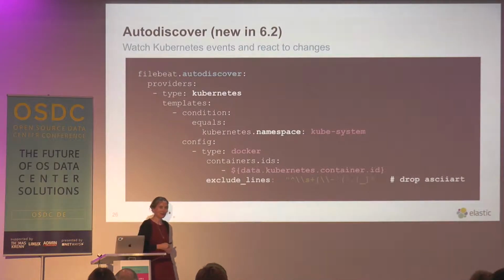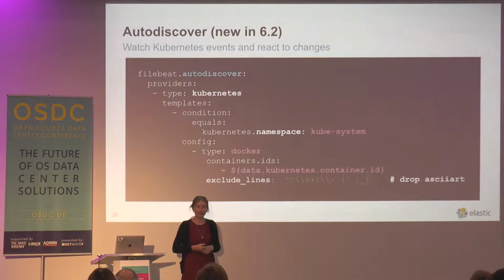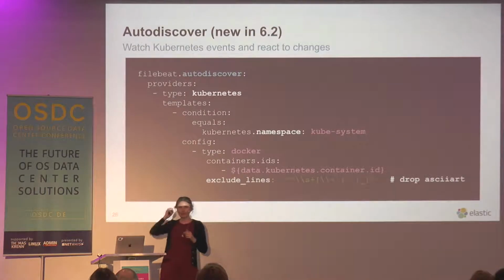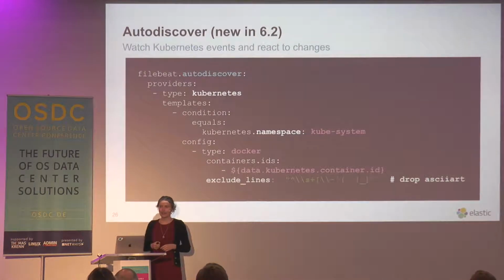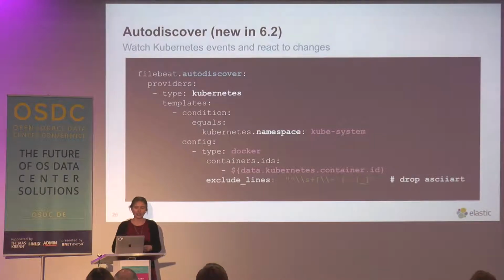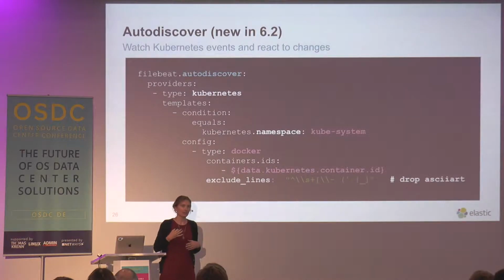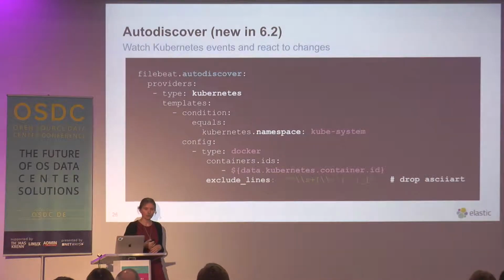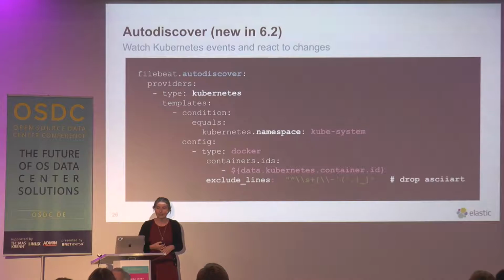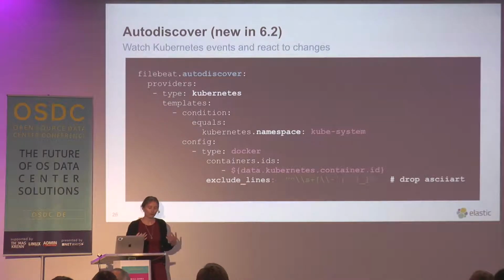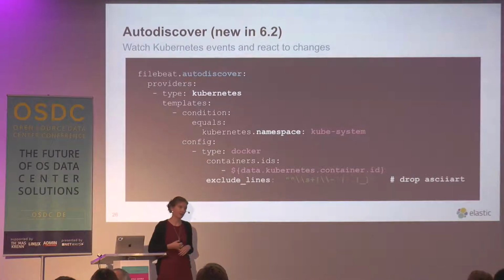So we have introduced this Autodiscover feature, and the way it works is that it watches for Kubernetes events, and when a new container is started, in this example, that has a Kubernetes namespace kube-system, then it enables the Docker input in Filebeat to fetch all the logs from that specific container.